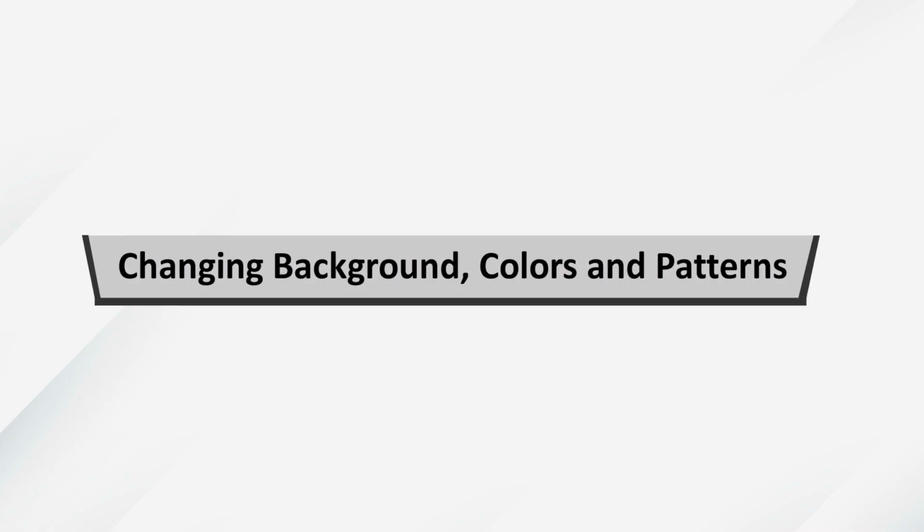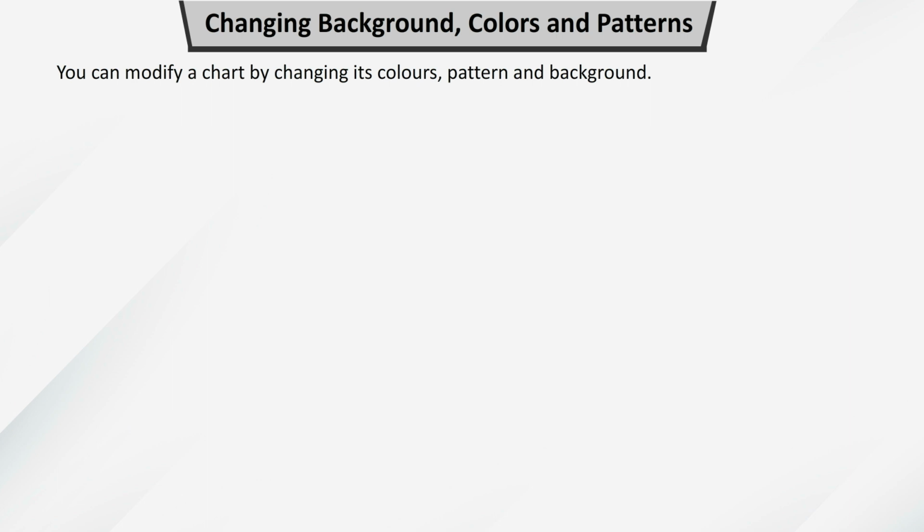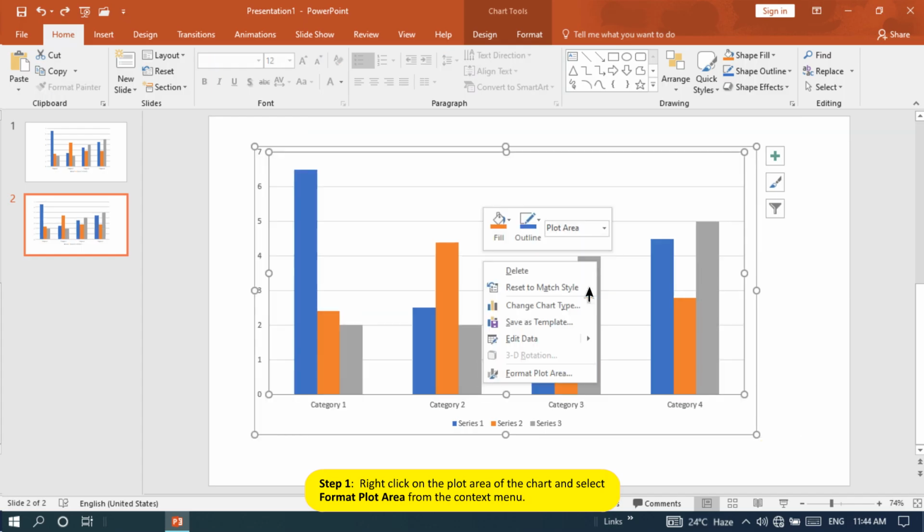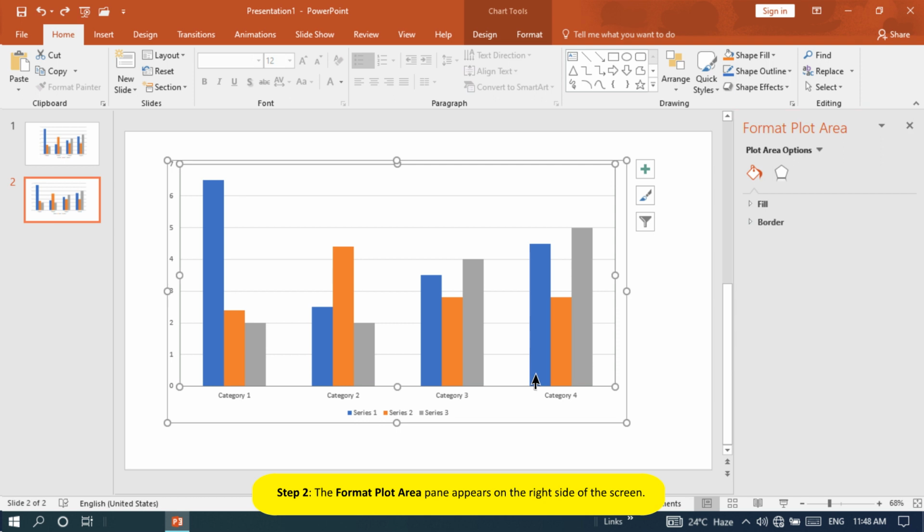Changing background, colors and patterns. You can modify a chart by changing its colors, pattern and background. Step 1. Right-click on the plot area of the chart and select Format Plot Area from the context menu. Step 2.